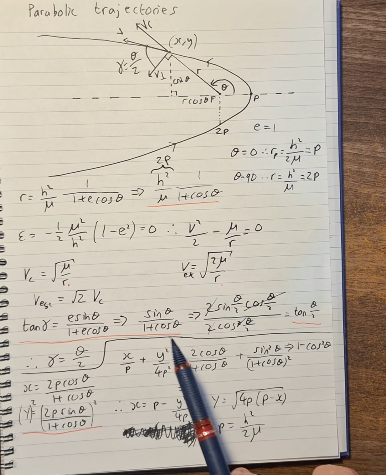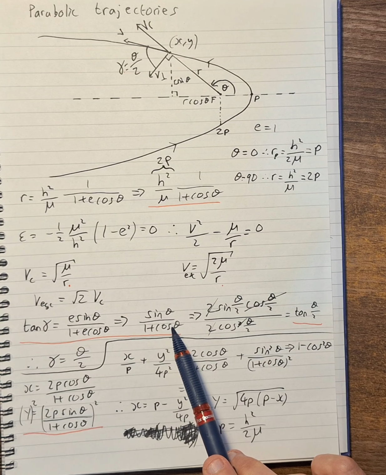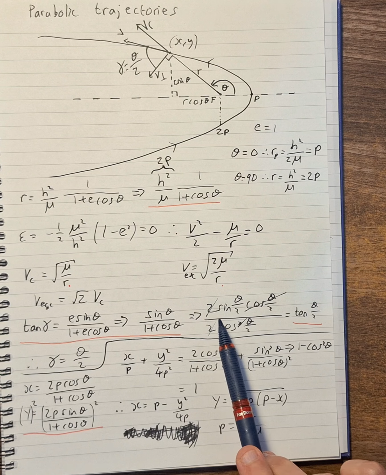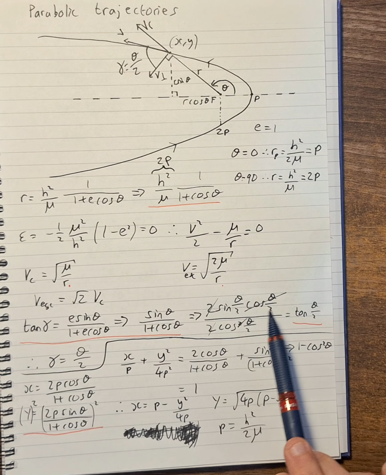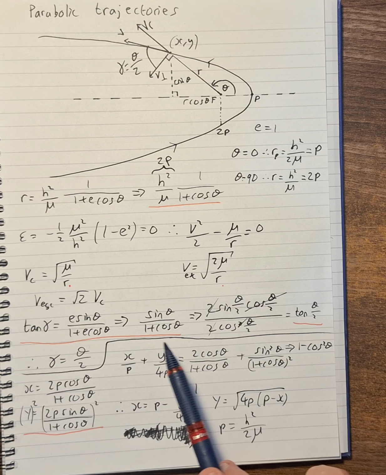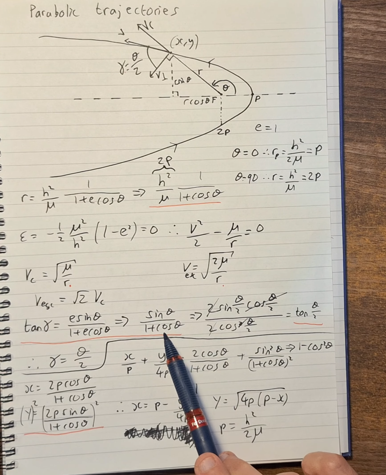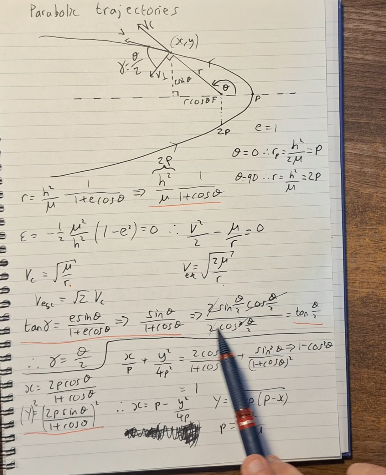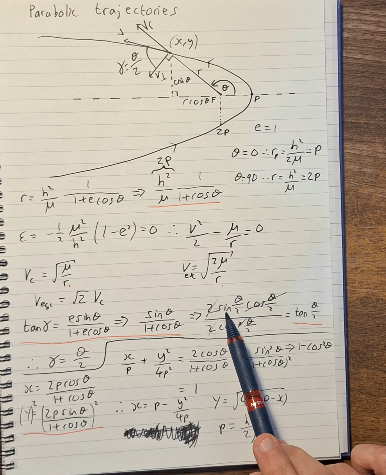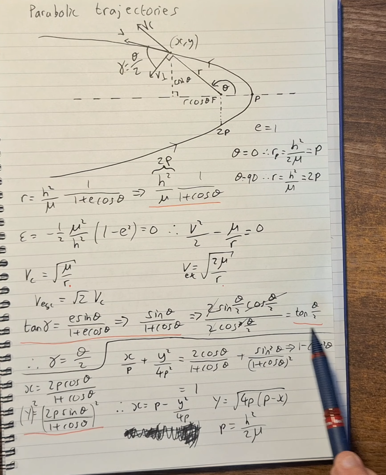A simplification of this is to use the half angle rules, so that becomes 2 sine theta over 2, cos theta over 2, and this becomes 2 cos squared theta over 2. Look those up on any trigonometry identity page. It should be clear what's happening here, and these cancel nicely. This squared cancels this one, and sine over cos becomes tan, and the twos cancel. You get tan theta over 2.